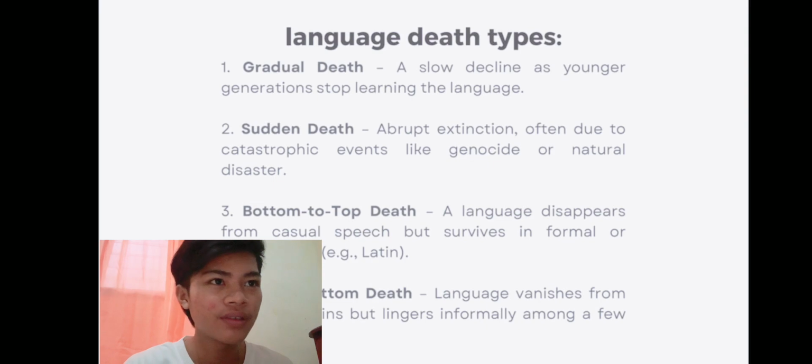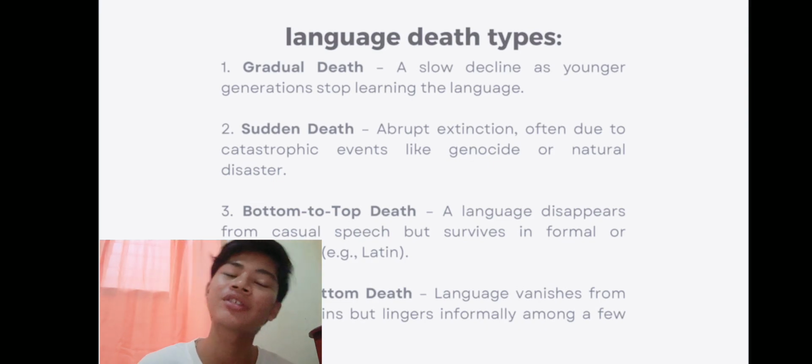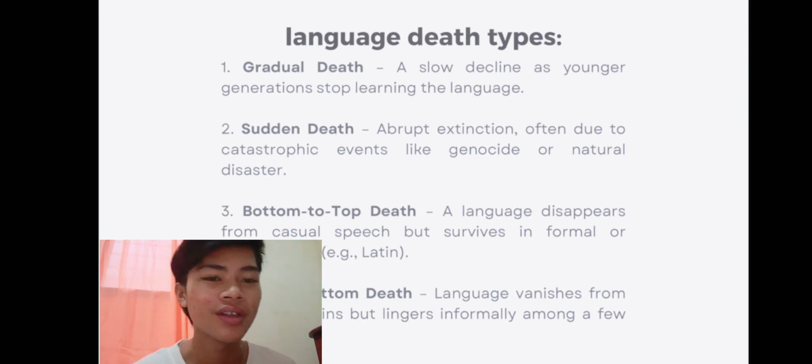Let us move into the types of language death. Number one, gradual death. This is slow. Younger people stop learning the language, and it eventually fades away across generations and time, slowly.